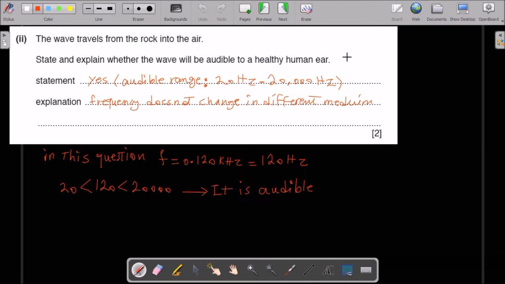So for the statement, you can say yes, because the audible range is 20 to 20,000, and in this question, the frequency is 120. And for the explanation, you can say that frequency doesn't change in a different medium. So if the wave travels from the rock into the air, the frequency doesn't change.